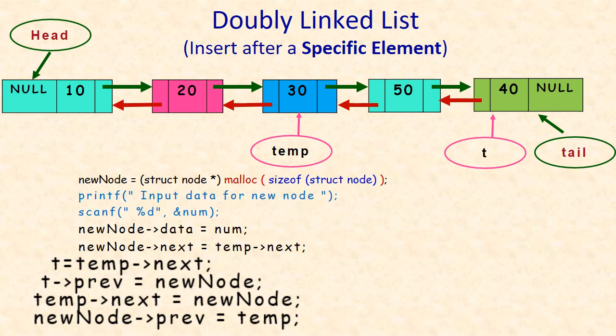But here in a double linked list, you can insert on either side, after or before, because you have two links. So this is an assignment for you guys: please write your own logic to insert before some specific element.